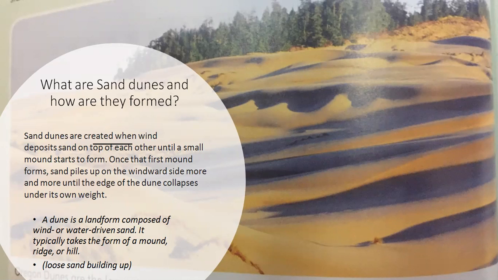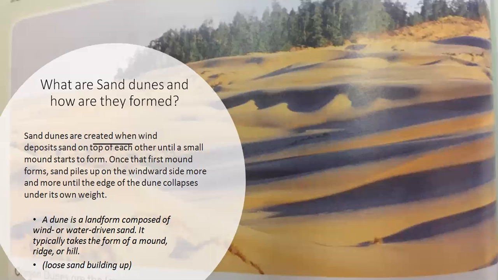A simpler definition is that a dune is a landform composed of wind or water driven sand, and it typically takes the form of a mound, ridge, or hill. Basically, in other words, it's loose sand building up.